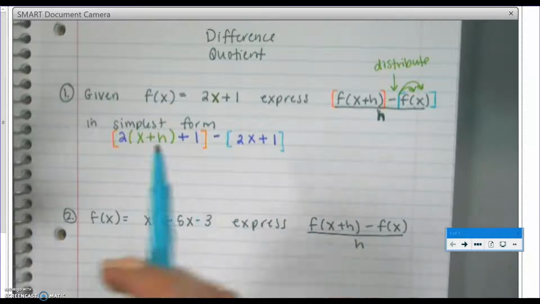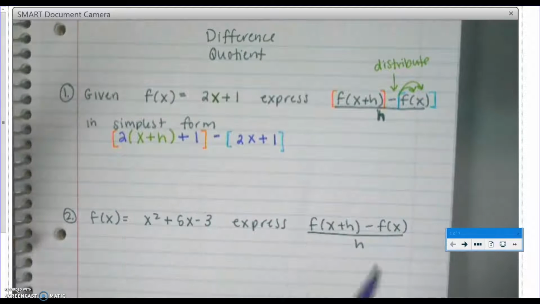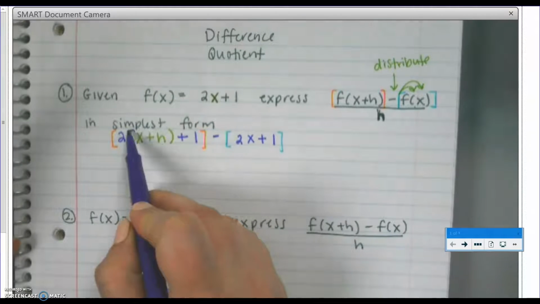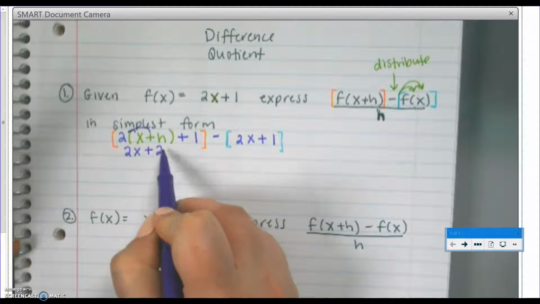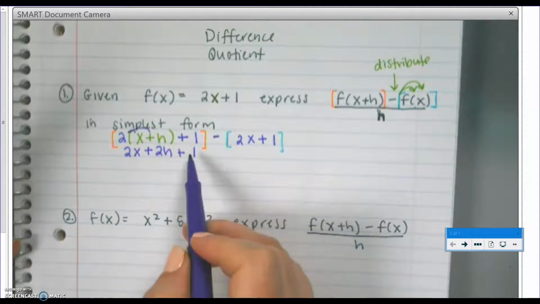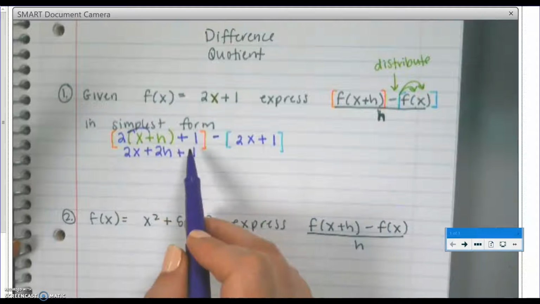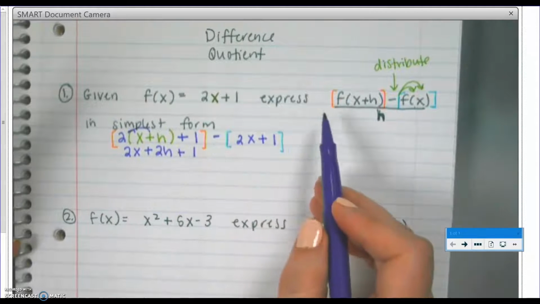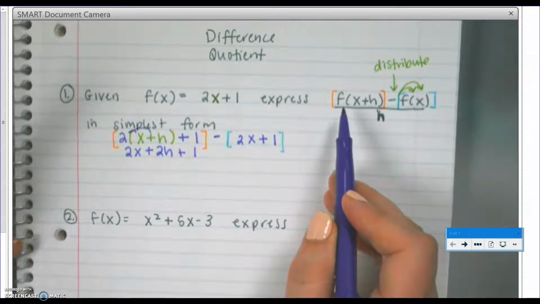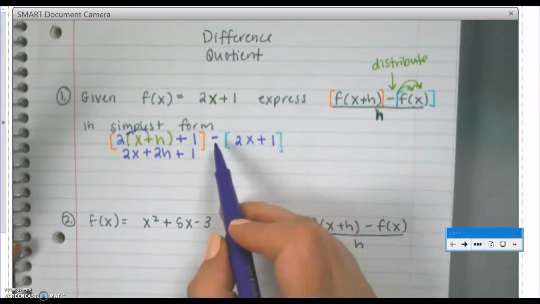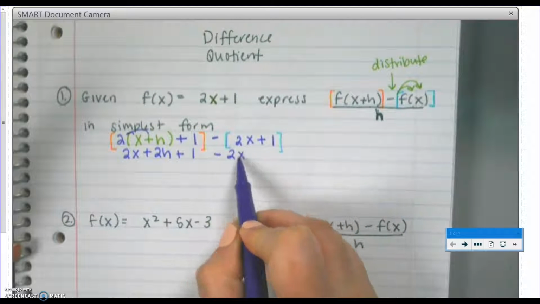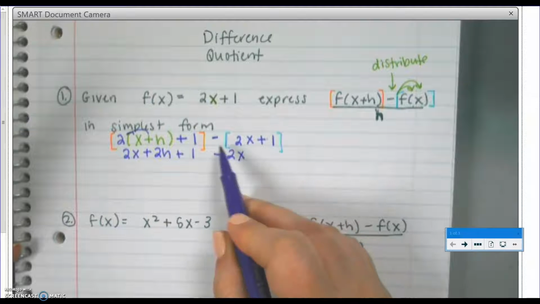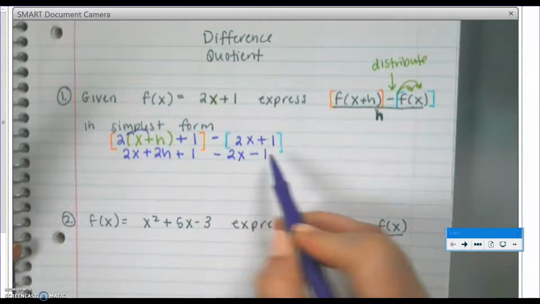So I'm going to go ahead and distribute the 2. So that would be 2x plus 2h plus 1, and I really don't need those orange brackets that I drew. I just drew those because these are your notes and to help you realize what that means. All right, now we do have to distribute this negative sign. So that would be minus 2x, and negative times positive 1 would be negative 1.